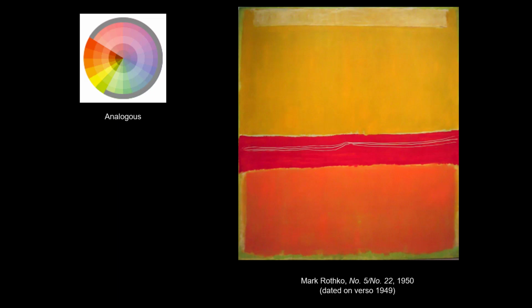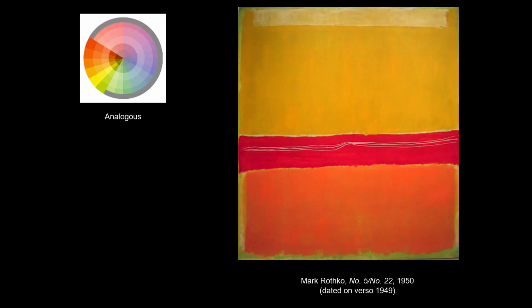An analogous color harmony is going to be more variety than you would get in a monochromatic color harmony, but they still are going to be colors that sit well together because they're closely associated on the color wheel. We are still going to describe it as an analogous color harmony even if you don't have 5, you could skip a couple.